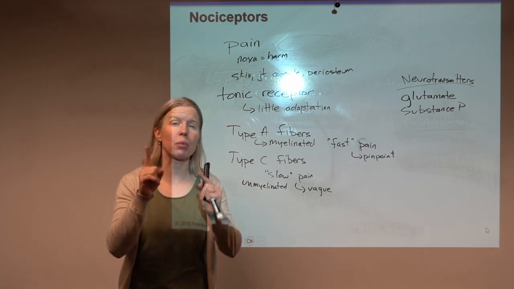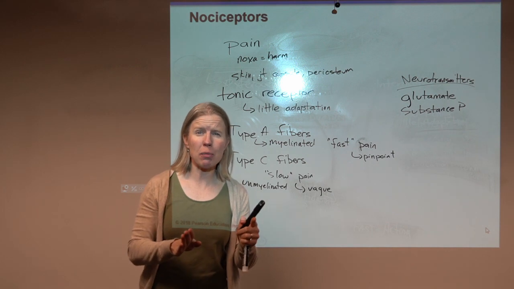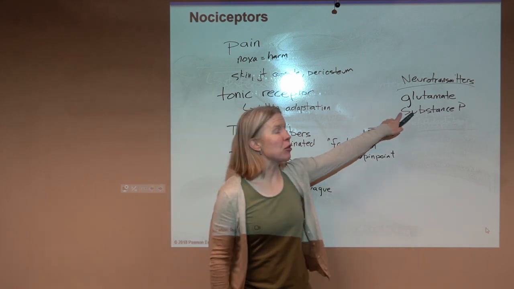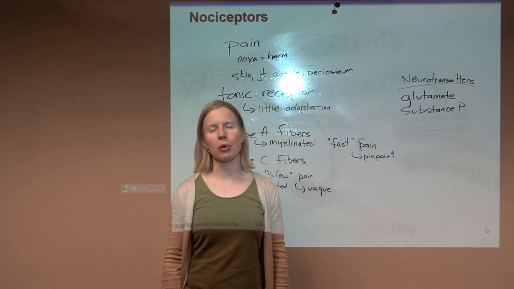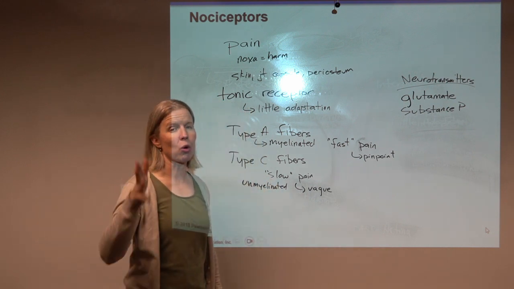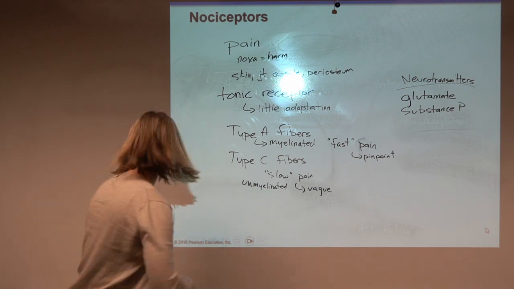So you can decrease the perception of pain. But notice there's another sensation versus perception. The receptor might still be sending the signal, but if you block the neurotransmitter release somewhere along the line, you might be able to interfere with the message actually making it to the cerebral cortex where you would perceive the pain. Okay.